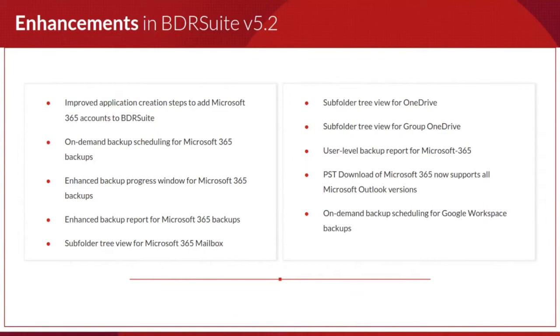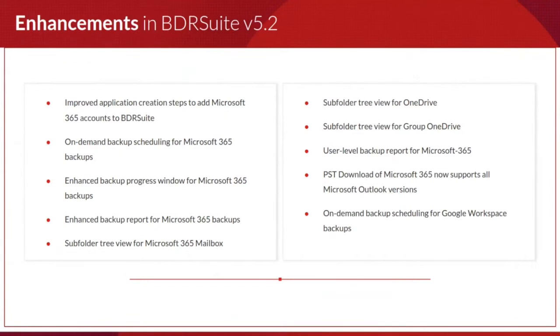But now we have introduced that for Microsoft 365 backups as well. And the reports of Microsoft 365, and generally the reports of SaaS applications, have been enhanced in this release. And then for the mailbox, initially we didn't have this subfolder tree section, but now we have introduced this subfolder tree section for the Microsoft 365 mailbox.